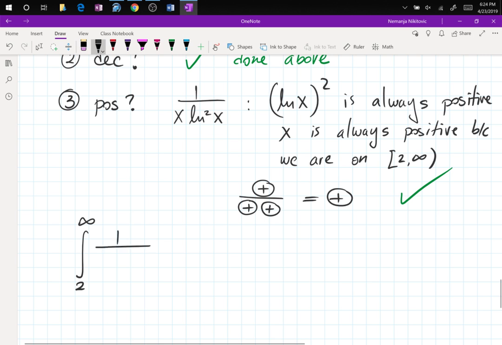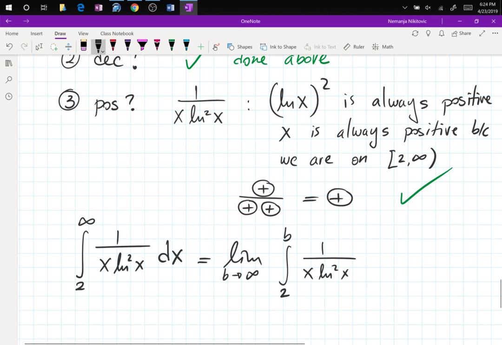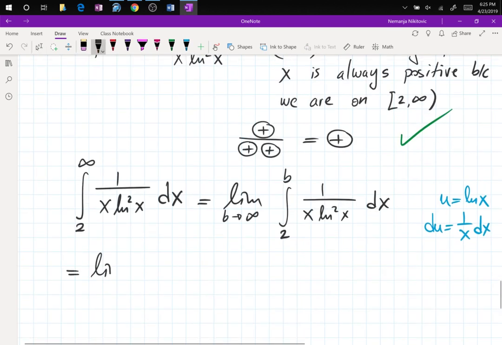So all three conditions for the integral test hold, which means that we can write our integral from 2 to infinity of 1 over x ln squared x dx. This is the limit as b goes to infinity of the integral from 2 to b of 1 over x ln squared x dx. We already said this is a basic u sub. u equals ln x, du equals 1 over x dx. So we will have to go back to x, so I'm going to keep my limits.